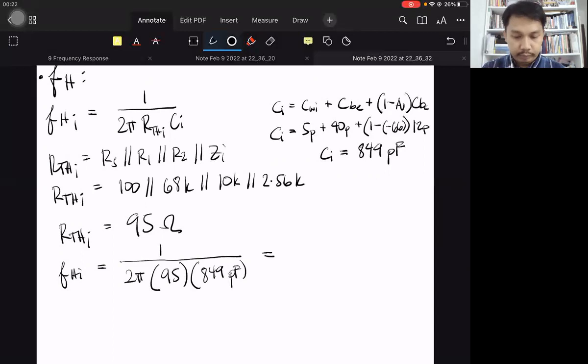That gives 1.97 megahertz. I think that's correct.